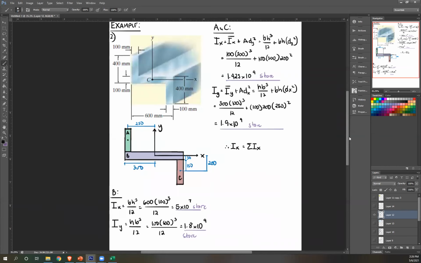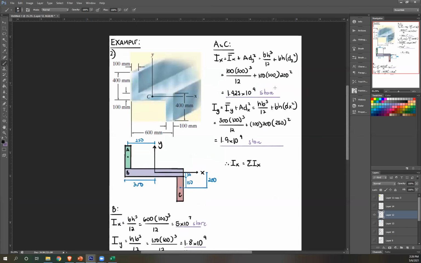So your Ixa plus Ixb plus Ixc. So solving for that. So 5 times 10 raised to 7 plus. Since Ix of A and C are the same, I can just multiply it by 2. So twice 1.425 times 10 raised to 9. Please solve. What's the final answer for Ix?